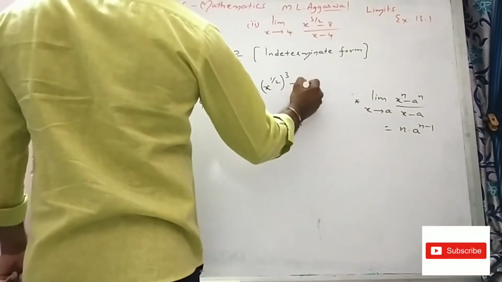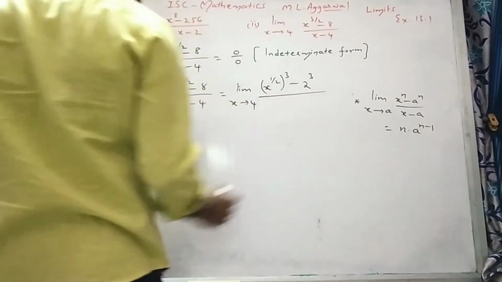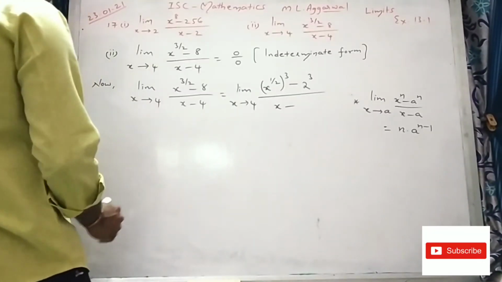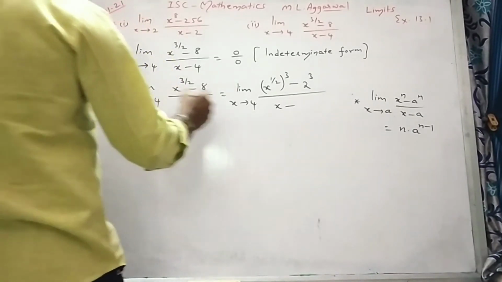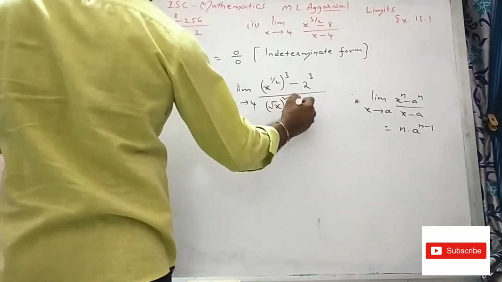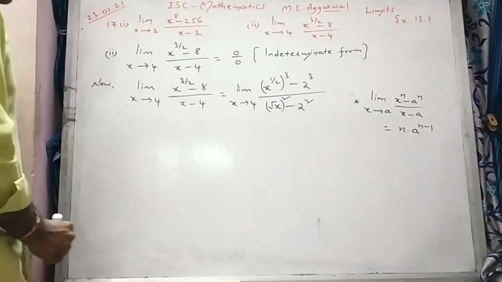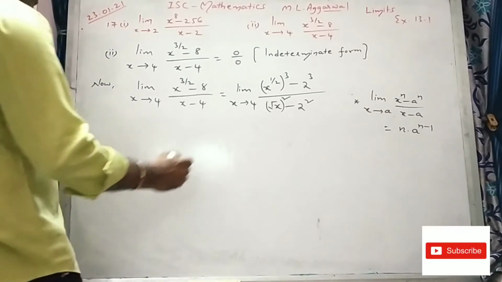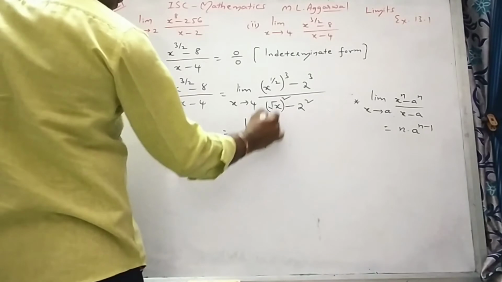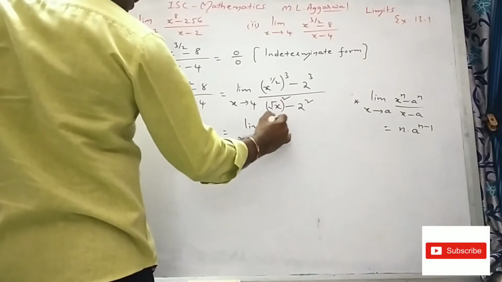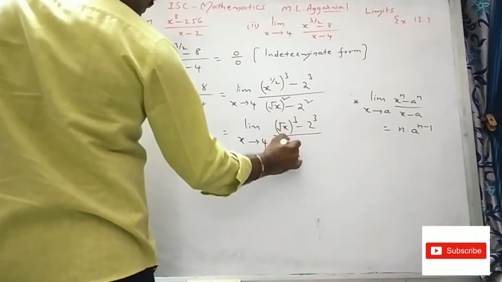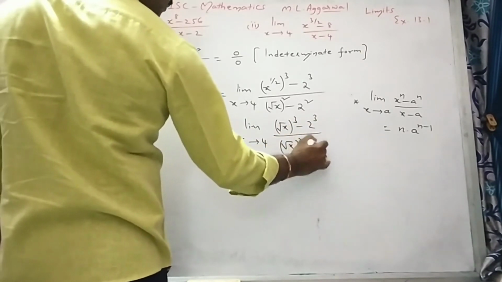This 8 can be written as 2 cube. Right? That by x minus 4, x can I write like this, root x whole square minus 4 can be written as 2 square, right? Limit x tending to 4, I can write this as (root x whole cube minus 2 cube) upon (root x whole square minus 2 square).